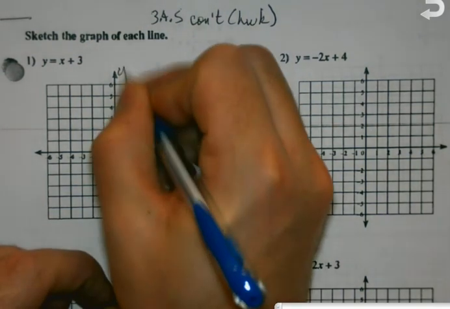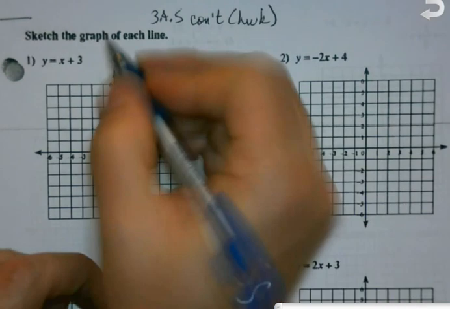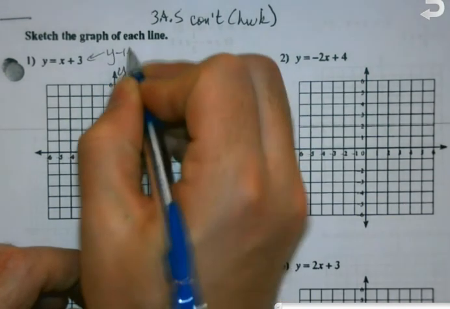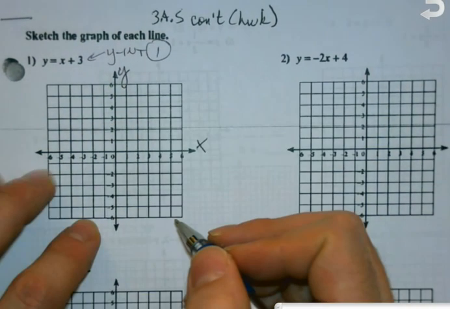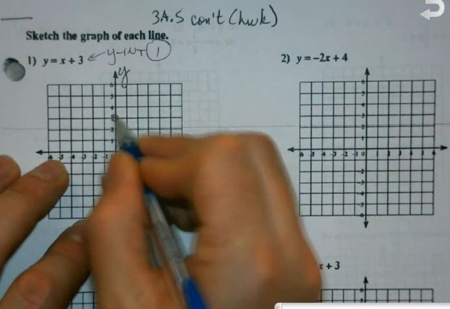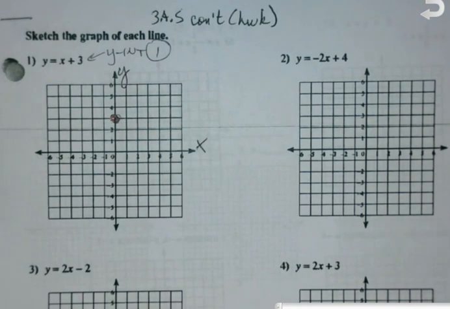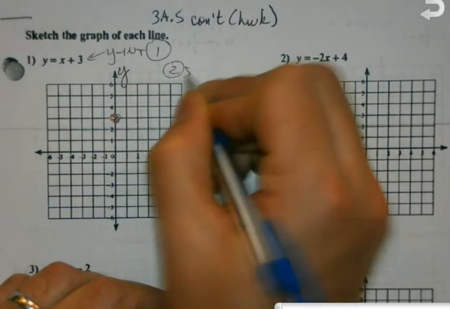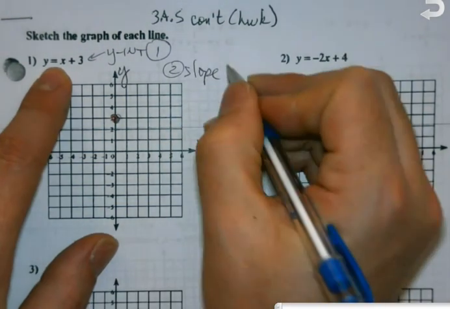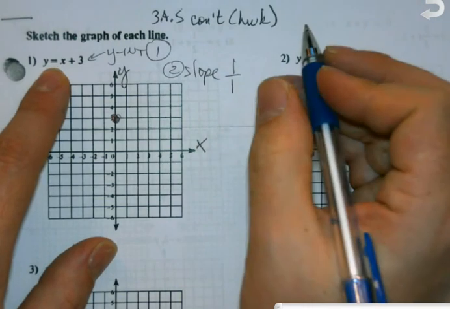I'm still going to just plot my y-intercept first. So I go up 3, put a dot. With negative, I go down and put a dot. What's my slope this time? All right. So the slope, since I don't see a number in front of x, is 1 over 1.